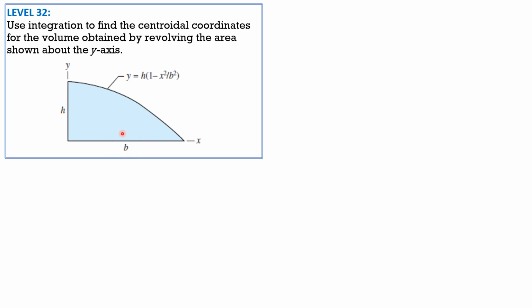In this case, b will be the radius, so we expect that the volume would be pi b squared h over 2. And the centroid, because this is a paraboloid, is 1/3 of h from the base, 2/3 of h from the vertex.